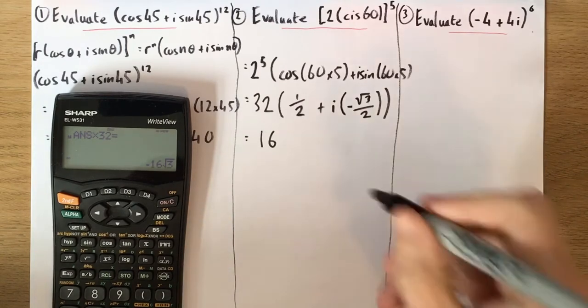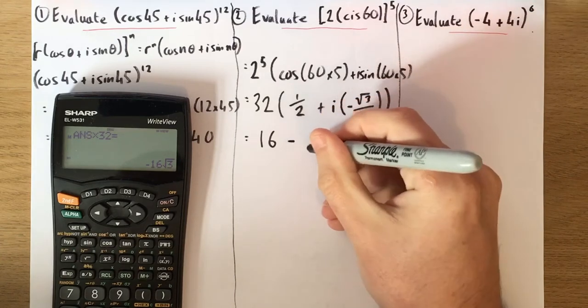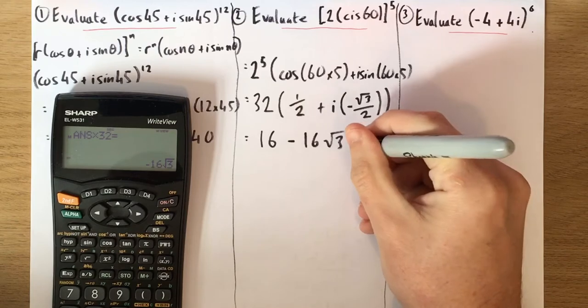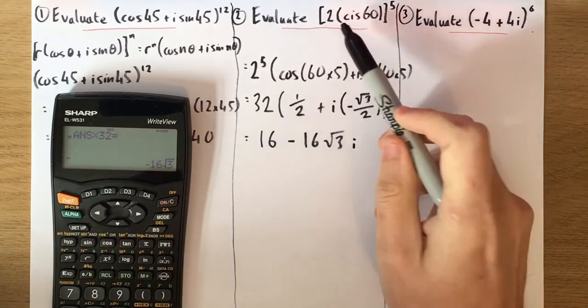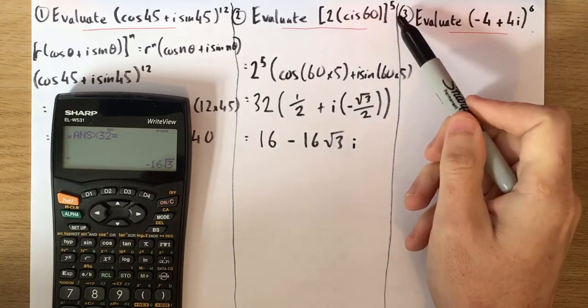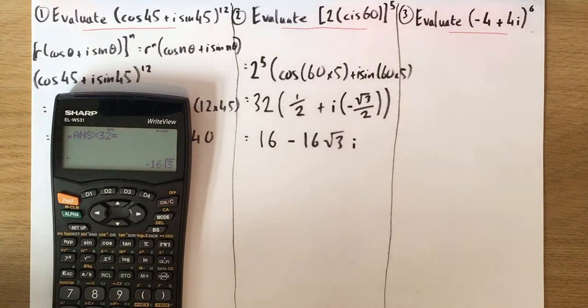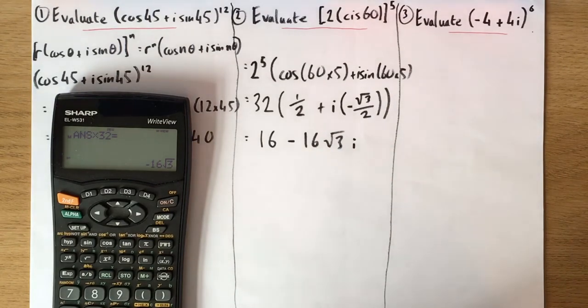I get minus 16 root 3. So minus 16 root 3 I. So there's 2 cis 60 to the power of 5 back into rectangular form. So that's it. Evaluate it. All right. Last example I will do then.